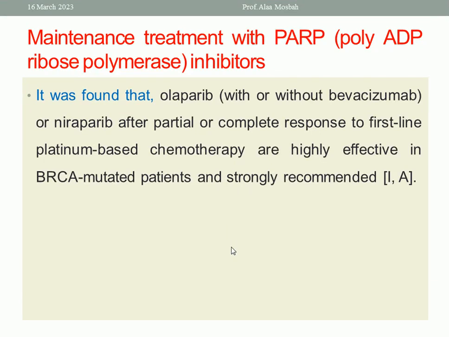Okay, what about the maintenance treatment with PARP inhibitors? What is PARP? PARP is the abbreviation of poly-ADP ribose polymerase inhibitors. Okay, PARP inhibitors. It was found that olaparib and niraparib are medications under the group of PARP inhibitors.